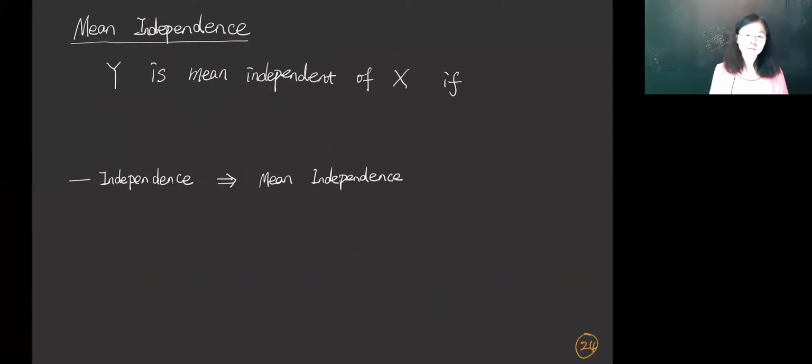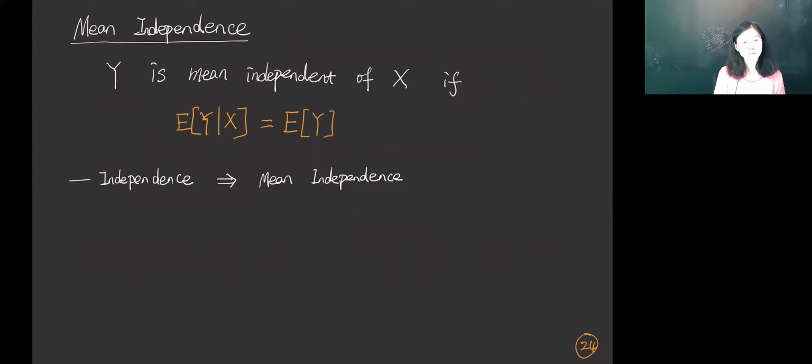The second mode of independence is mean independence. Y is mean independent of x if the conditional mean of y given x is not dependent on x.